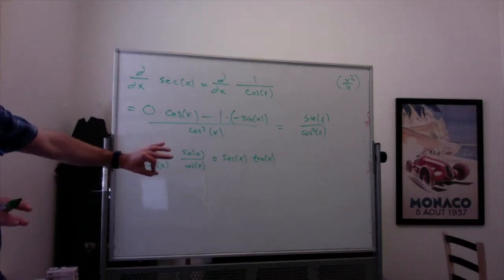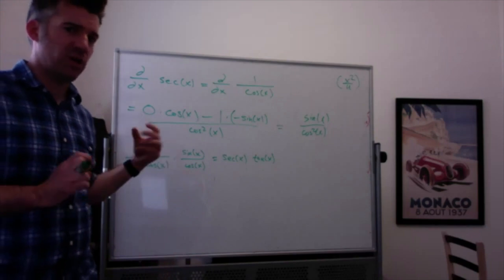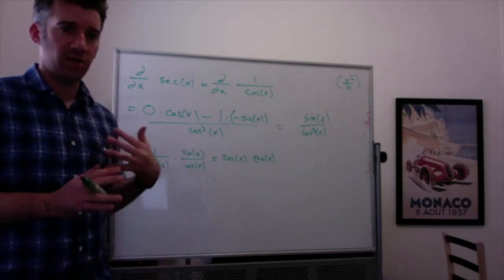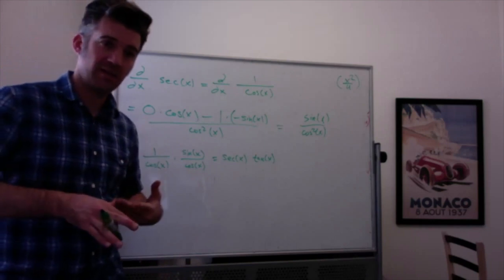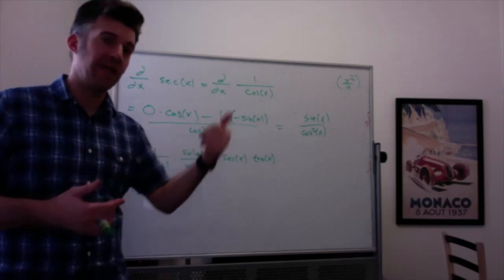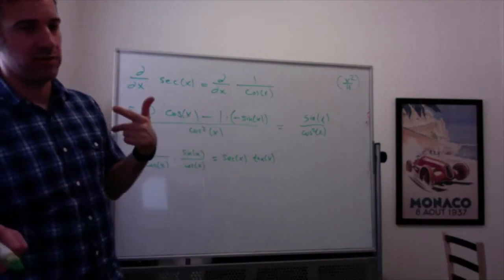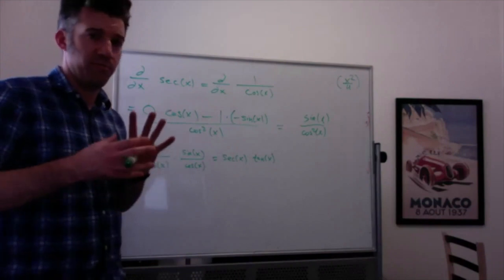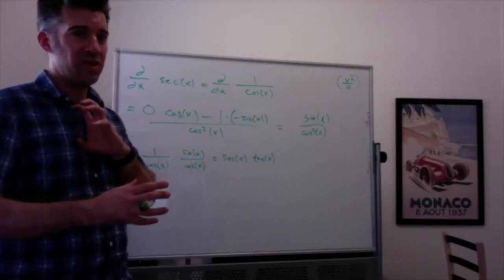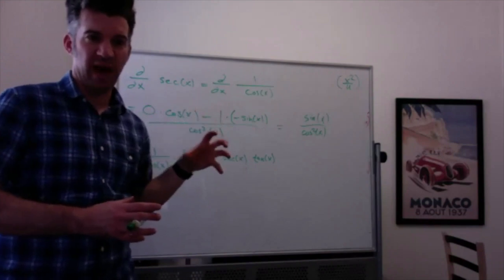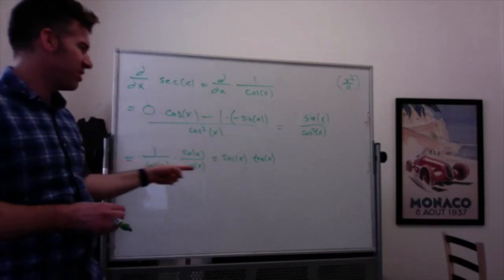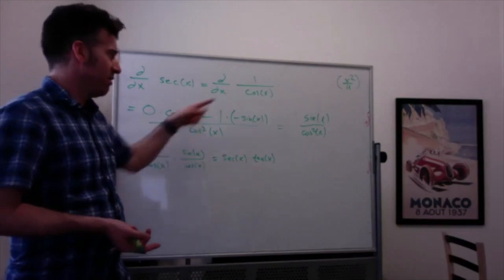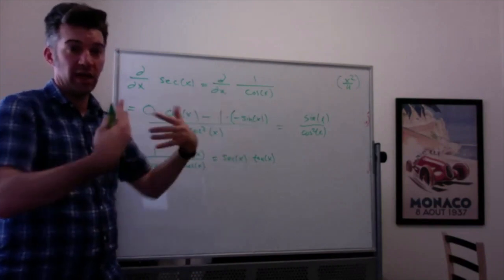I want to point out that this derivative and the next one are kind of unique in that most of the time when you take a derivative of some simple function of x, like e to the x or natural log of x, which we haven't done yet, or sine or cosine, you only get one function of x back. But here, we get two occurrences of x. There's not really a way of writing this result as just one thing of x.